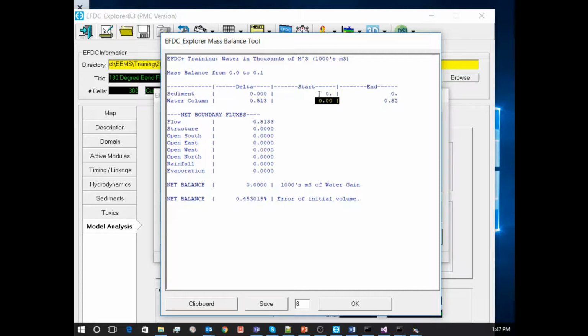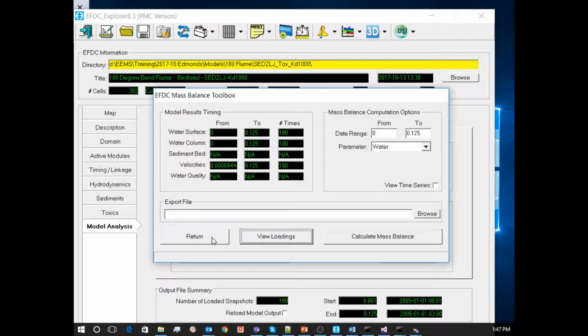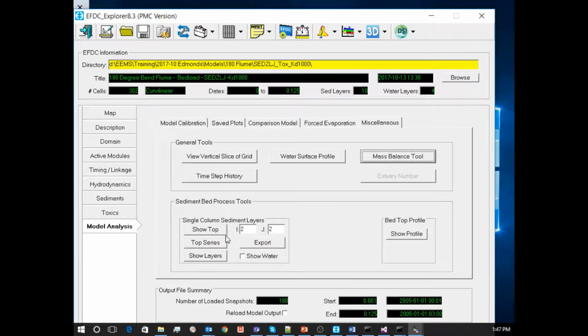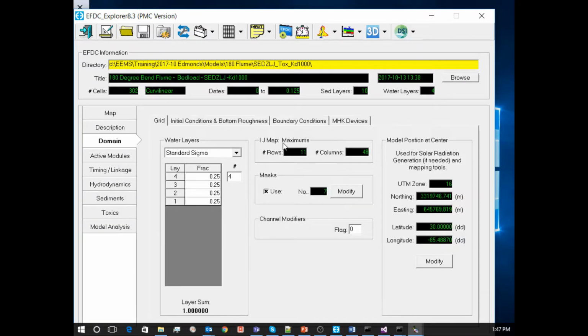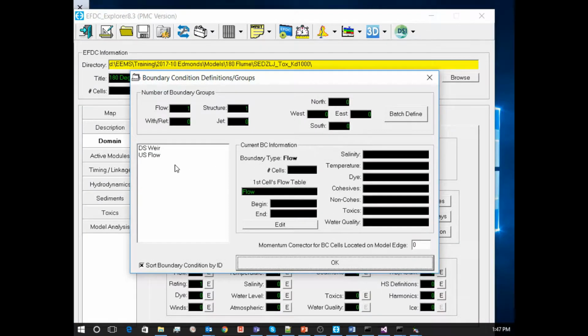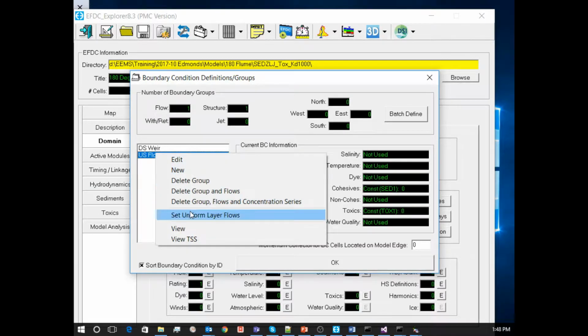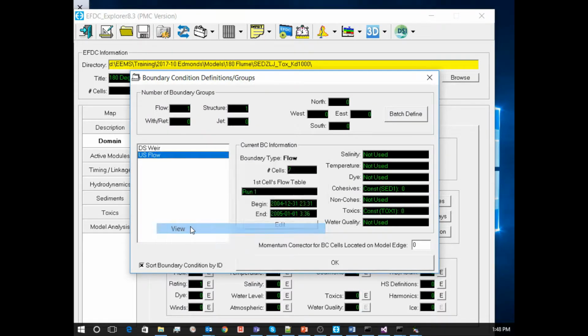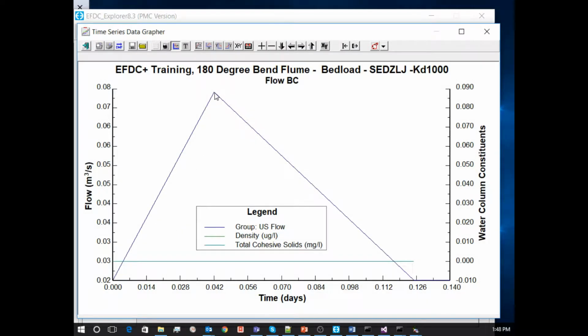But more importantly, it's because my 1 minute snapshot frequency output doesn't exactly correspond to my boundary condition. Since I have this really sharp boundary condition, to improve mass balance, you either increase the frequency of your snapshot, or I adjust this peak so that the peak is right at one of my snapshot increments.